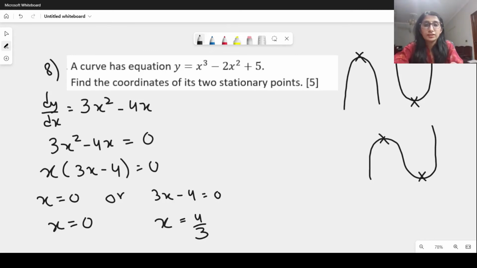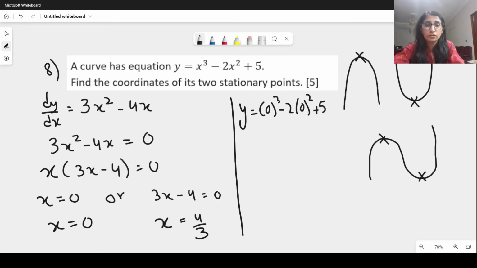Now I also need the corresponding values of y. So when x is 0, y would be 0 cubed minus 2 times 0 squared plus 5. So that just gives a 5. So y is 5. And for 4 over 3, it's (4 over 3) cubed minus 2 times (4 over 3) squared plus 5.